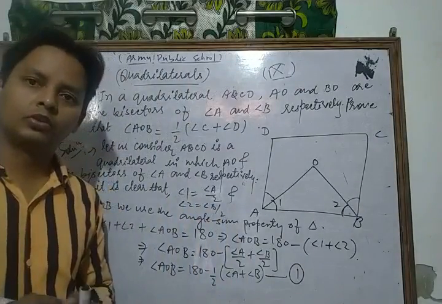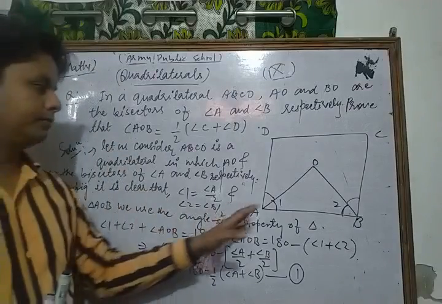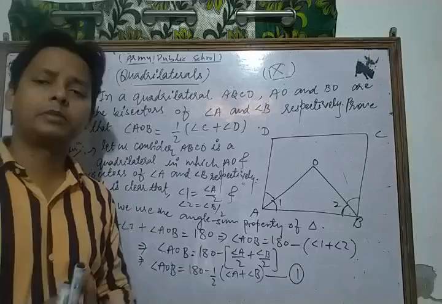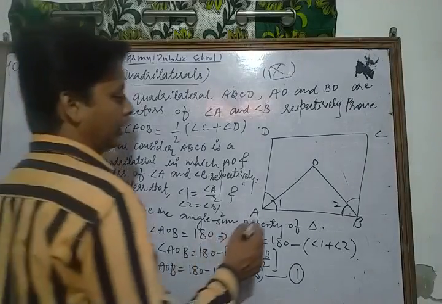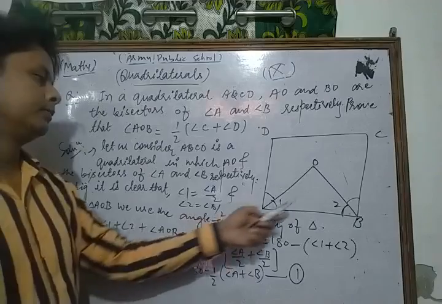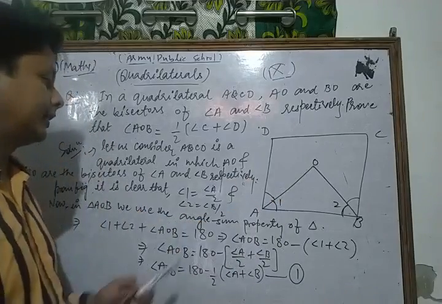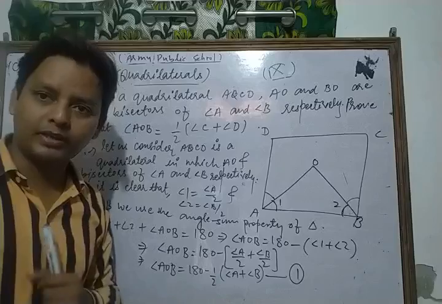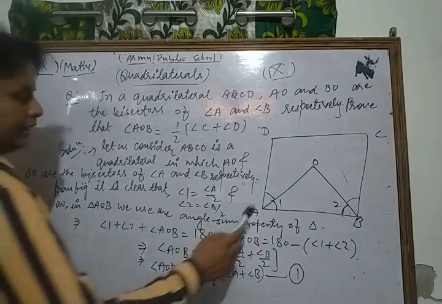Now, is everyone clear? Let's see it once more. First of all, we draw a quadrilateral, and here AO and BO are the bisectors of angle A and angle B respectively. We take angle 1 and angle 2, so angle 1 is equal to angle A by 2, and angle 2 is equal to angle B by 2. After that, we take triangle AOB and apply the angle sum property: the sum of all interior angles of a triangle is 180.